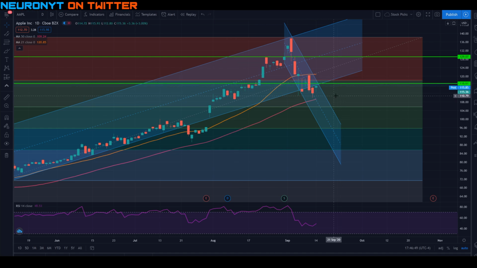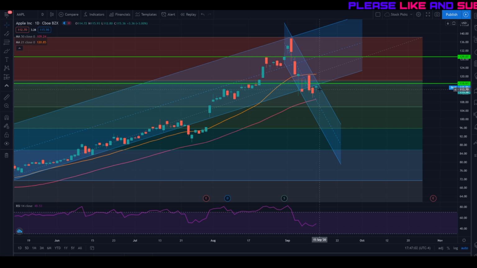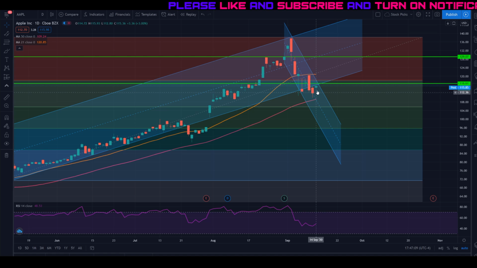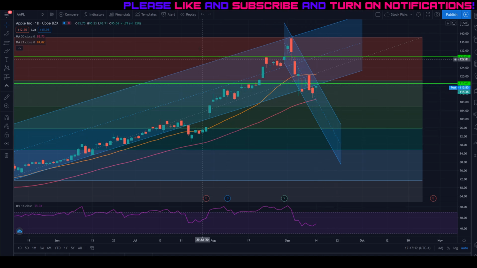It's going to be really interesting to see what happens, because you have the resistance level from this downward channel, and then this level of resistance from this trend line. It's going to be really hard, I think, for Apple to break above 116 tomorrow, but we'll see. If that does happen, then I think it's a very bullish move on Apple's part. But Apple may still want to trend bearishly in this downward channel, and we'll have to wait and see.